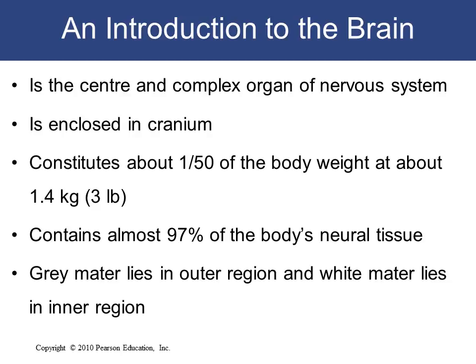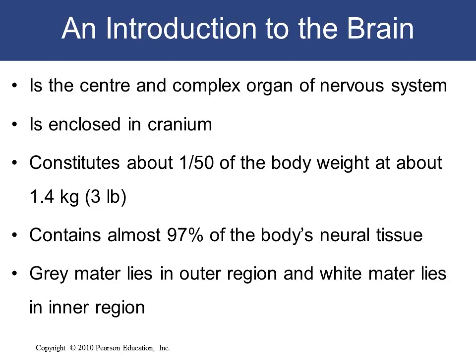The weight of the brain constitutes about 1/58 of body weight, at about 1.2 to 1.4 kg, and the brain is made up mainly of neurons. There are more than 1,000 million neurons in the brain, which means the brain contains almost 97% of the body's neural tissue.